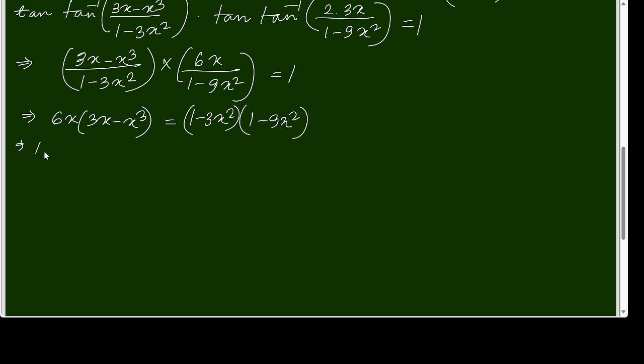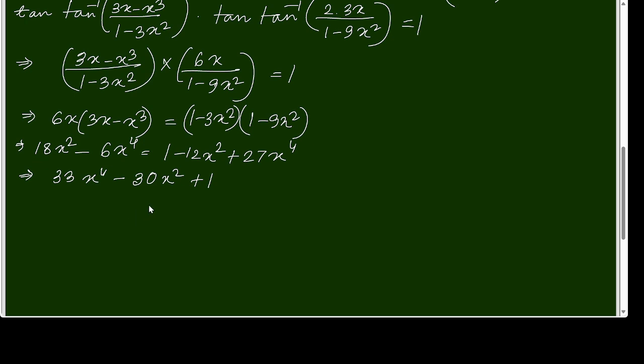So it will be 18x square minus 6x to the power 4 equals 1 minus 12x square plus 27x to the power 4. This gives me 33x to the power 4 minus 30x square plus 1 equals 0. So this is a quadratic equation in x square.